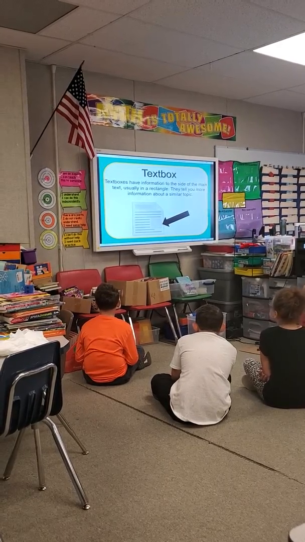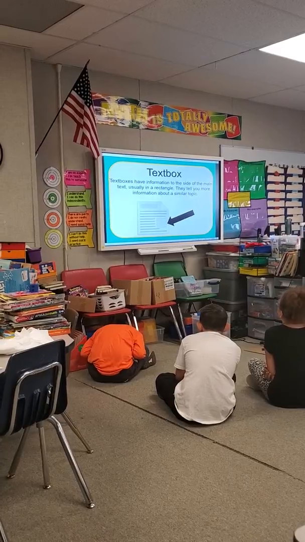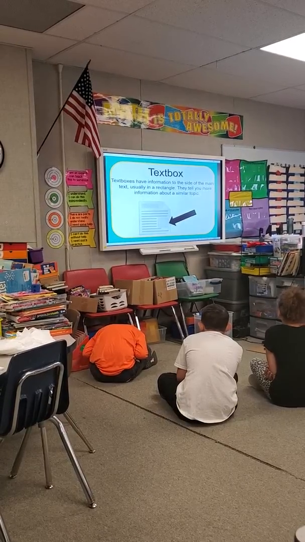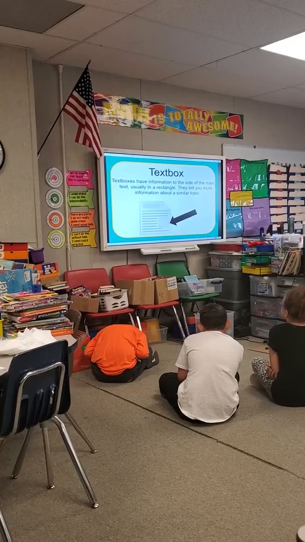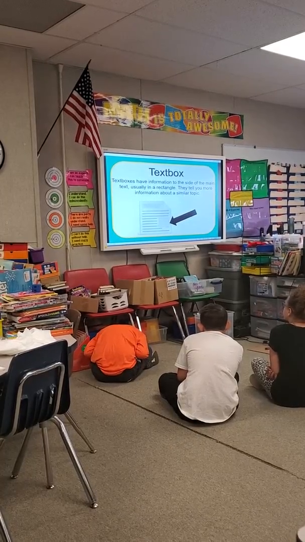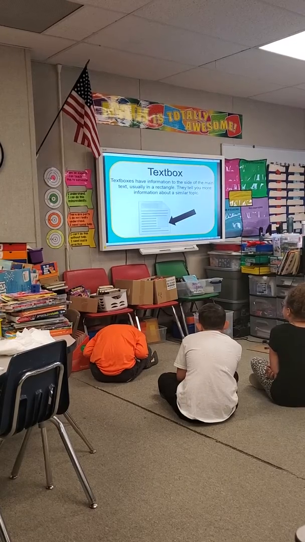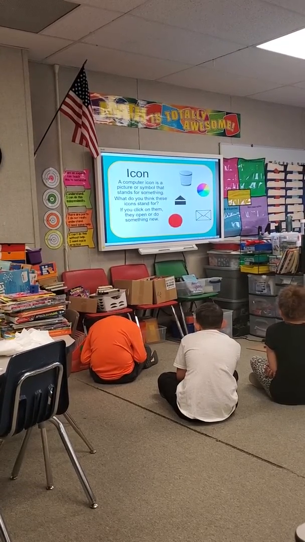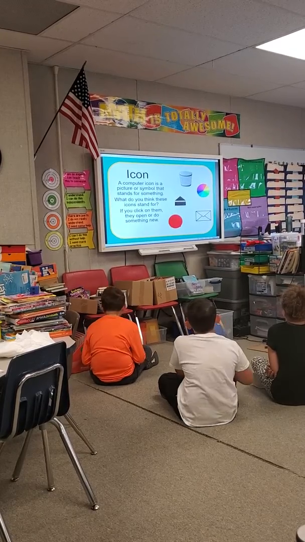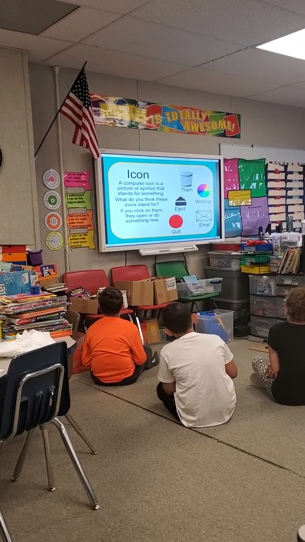And it's usually in the shape of a rectangle. It might be a big rectangle, it might be a small rectangle, but they're going to tell you either more information about the topic you're reading or something that is similar. I'm going to skip this because we don't have our Chromebooks out for this activity, but we will get back to this.